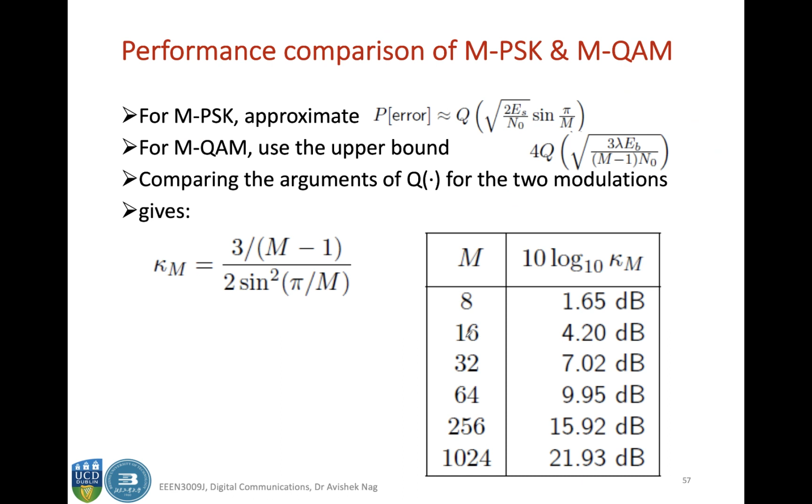This slide summarizes the performance comparison of M-PSK and M-QAM. For M-PSK, your approximate probability of error is given by this expression, and for M-QAM you have this upper bound.